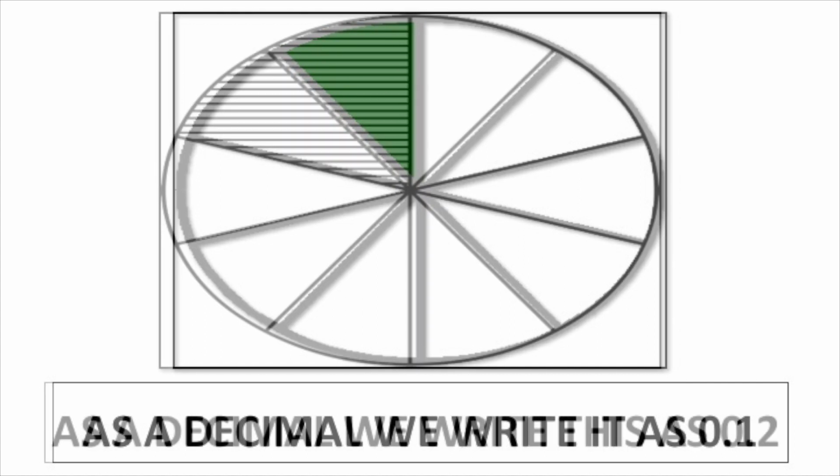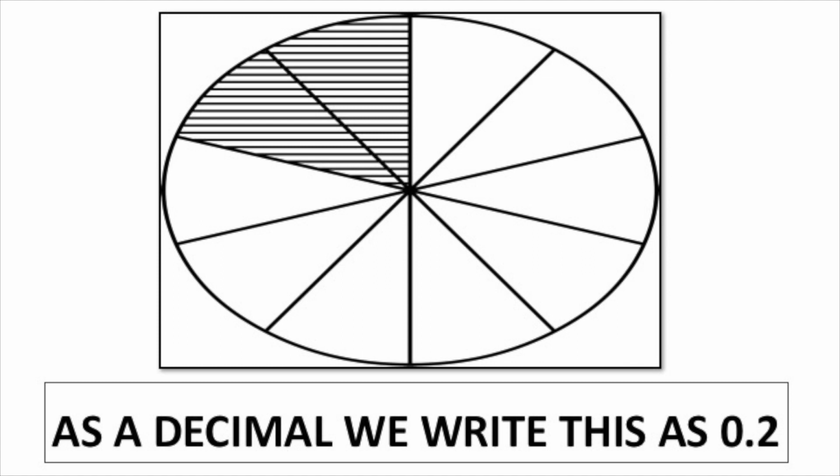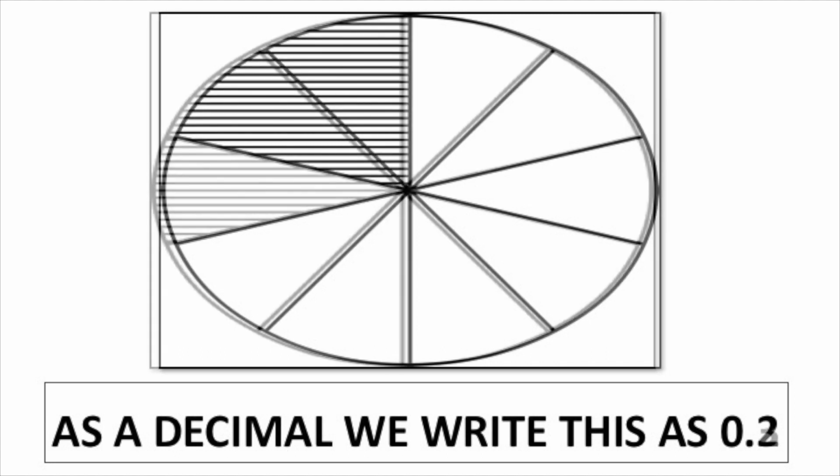Next one. As a decimal, we write this as 0.2. See? Because how many parts of our circle now are coloured? 2. So now the 1 becomes a 2. The decimal has changed from 0.1 to 0.2. Each time we colour another part, we add another number after the decimal point.